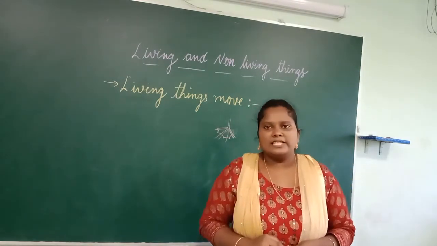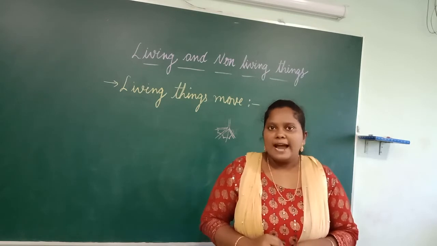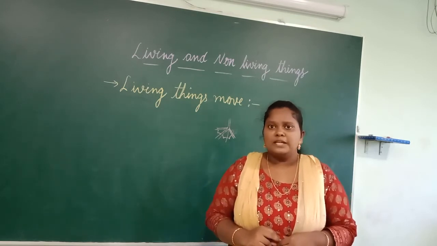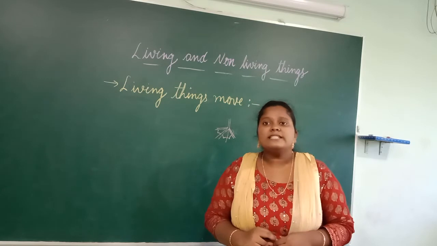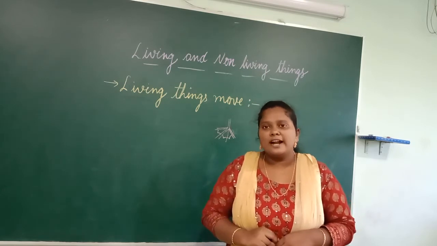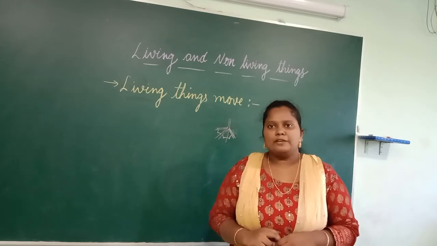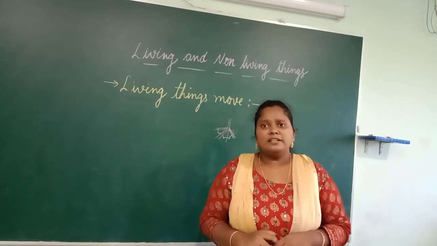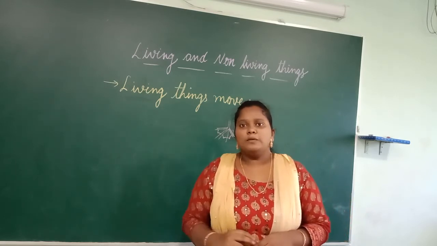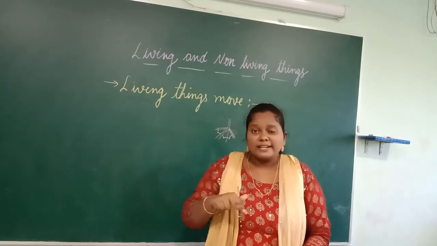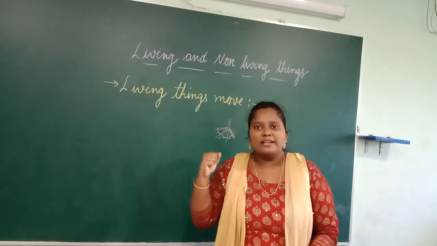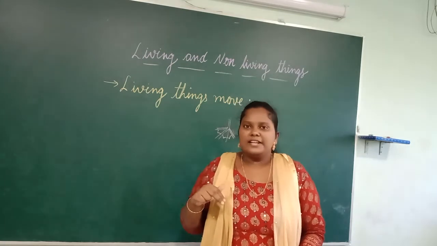Some birds such as ostrich, penguin, and kiwis cannot fly. They are called flightless birds. They cannot fly, and they have strong legs to walk and run.